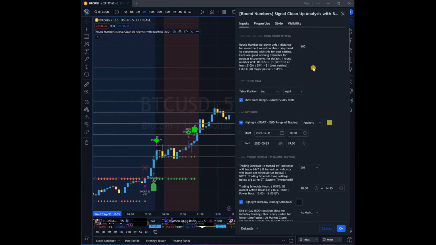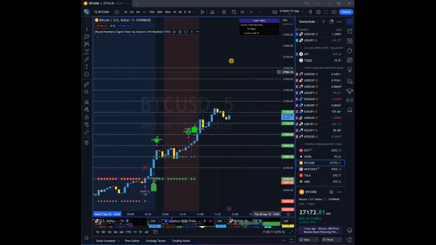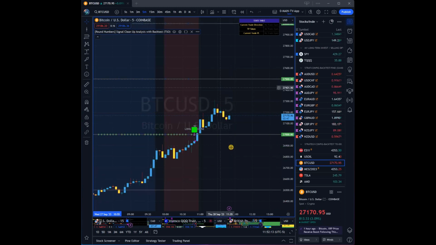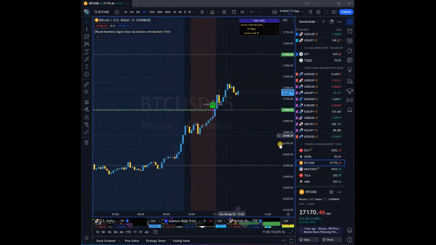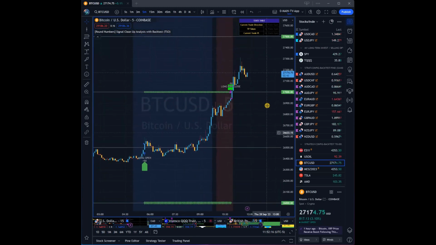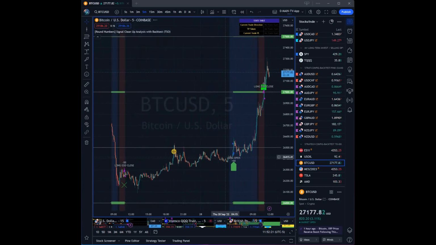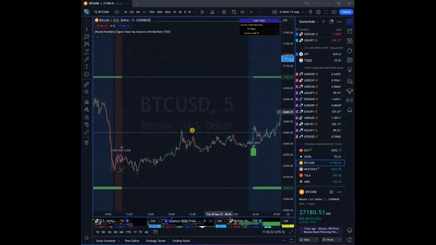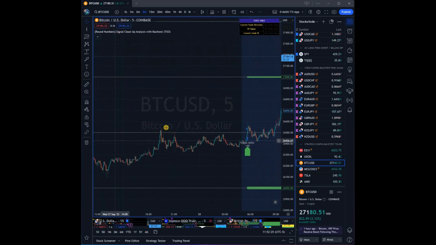I don't trade it much, but I would personally maybe set 500, because with the price going in thousands, basically 1,000 or 500, each $500 could be a good support or resistance.